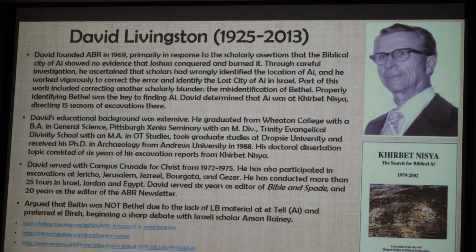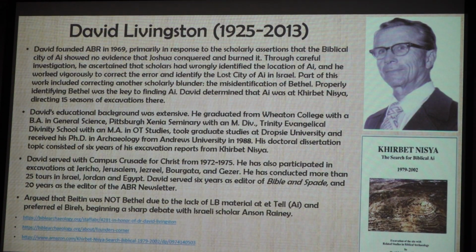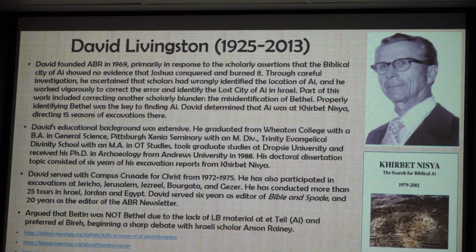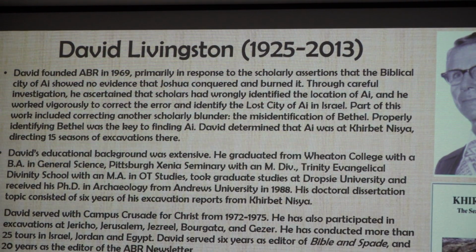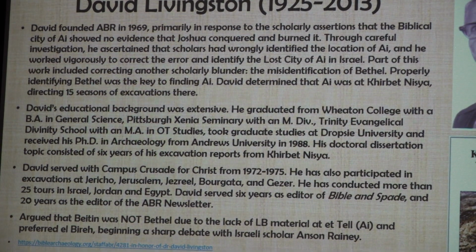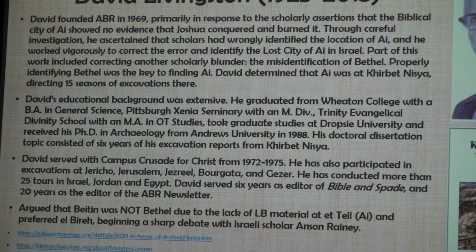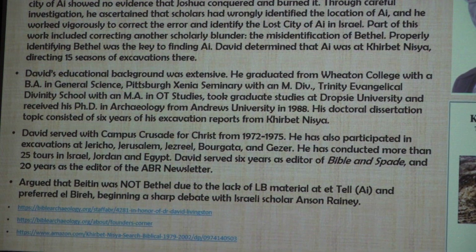The person that wrote against that was David Livingston, who believed that Et Tel, because it did not contain remains of the period of Joshua, was not the site of Ai. And so he looked at a different site called Khirbet Nisya, and that necessitated moving the site of Bethel from Beitin to another site called Al-Bira.